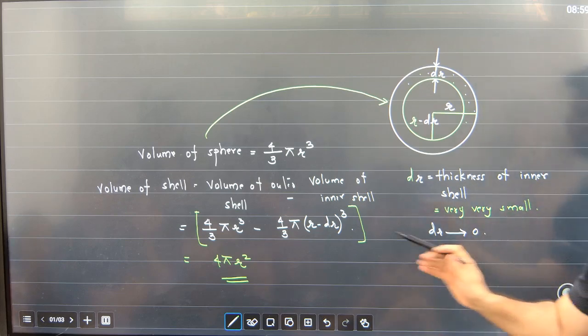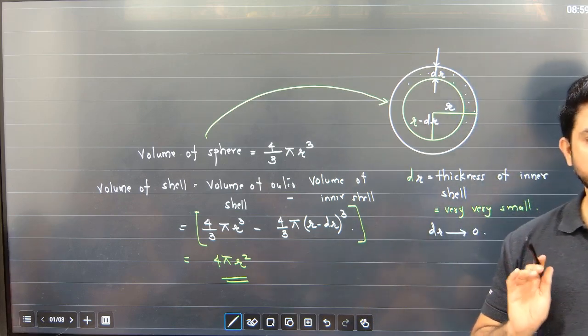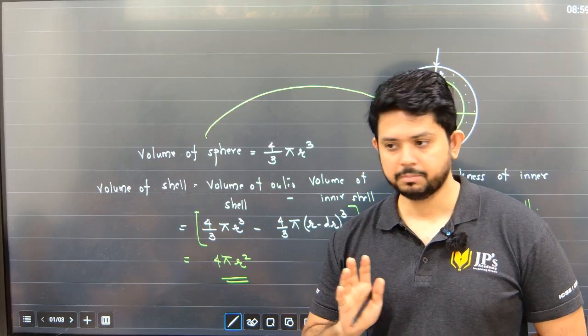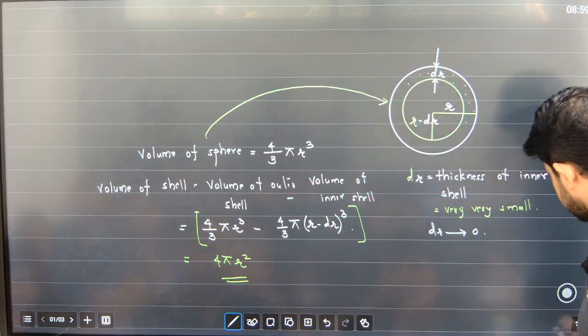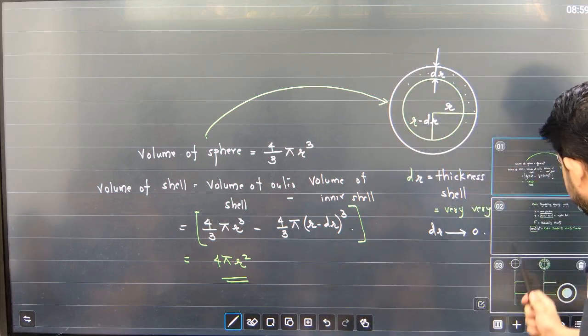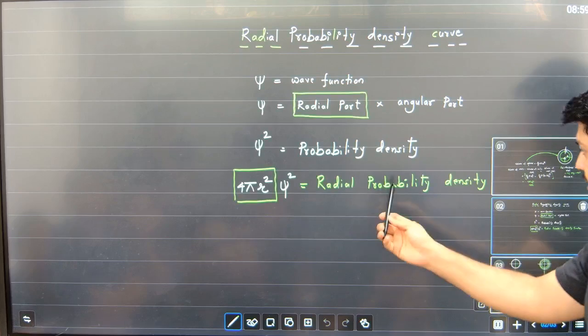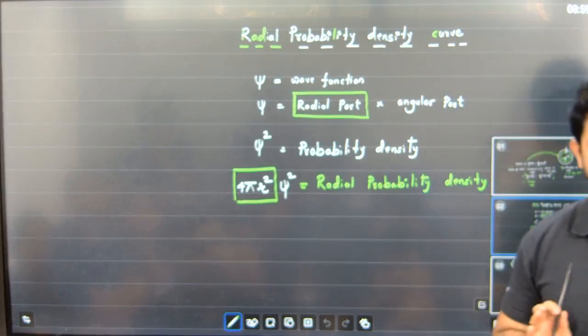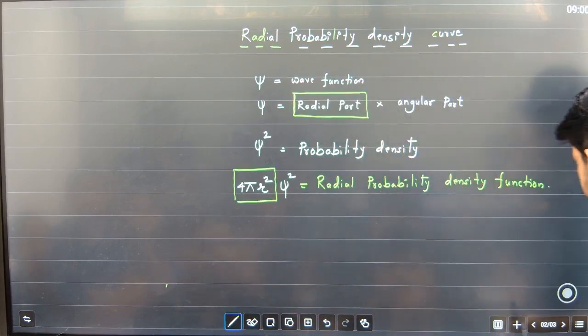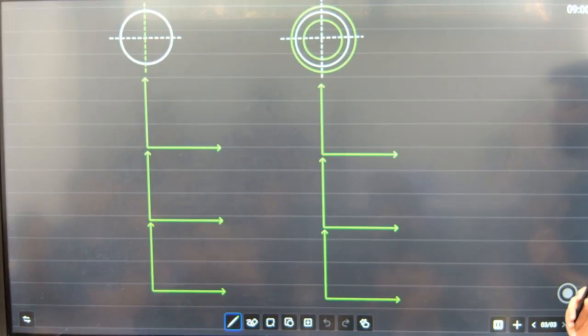That is what we are trying to find. No one is expecting you to know all this derivation, but if you're trying to plot something, we should know where this 4 pi r square in the probability density function came from. With me so far? Now we have to plot this.